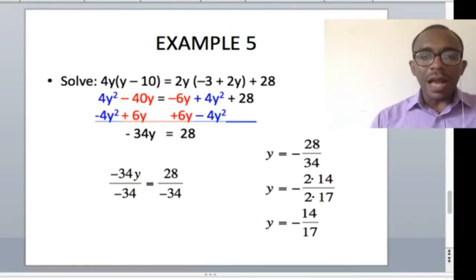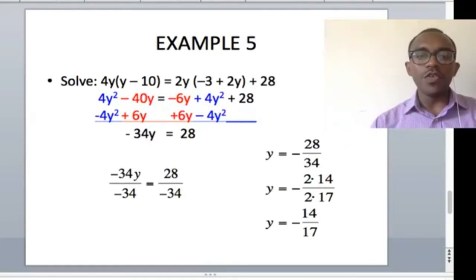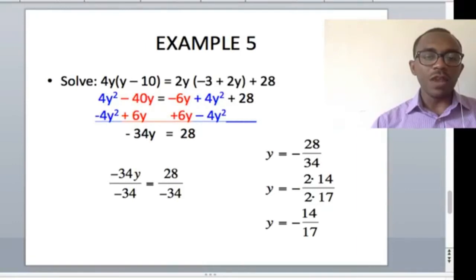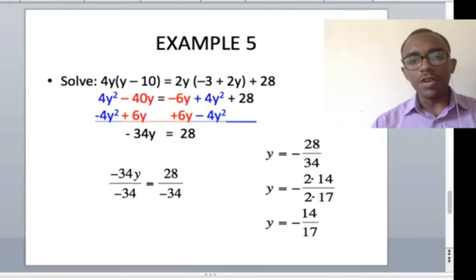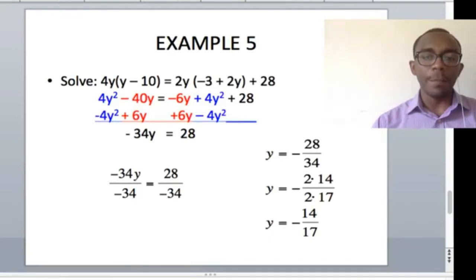Now I decompose 28 and I decompose 34. Before I do that, you remember what I said about the negative sign? Having a negative on the bottom of a fraction, or on the top of the fraction, or neither on the bottom nor the top but on the side of the fraction, all three mean the same.